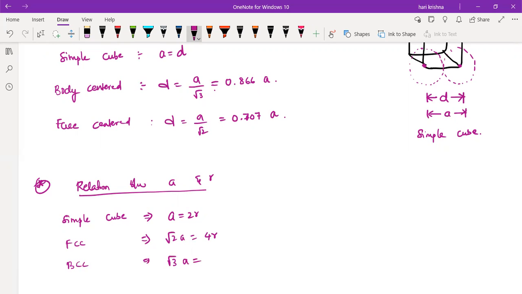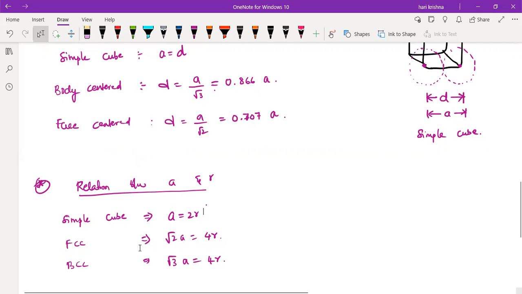Root 3 A equal to 4R. So these are the conditions: simple cube A equal to 2R, FCC root 2 A equal to 4R, BCC root 3 A equal to 4R. Fine. Any doubts in this?